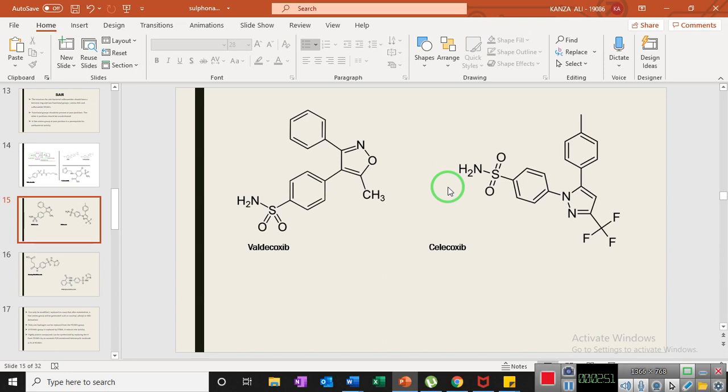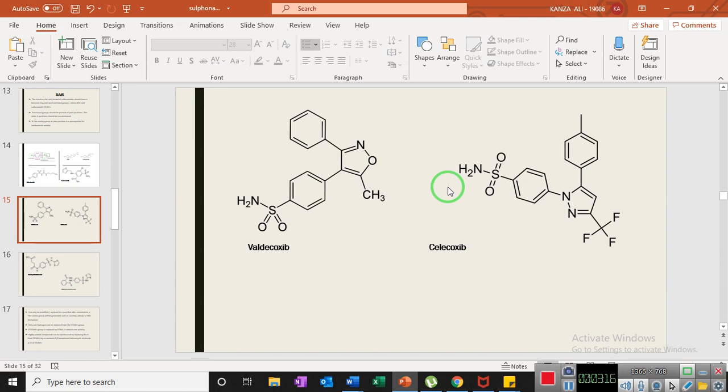One more thing, when we have got structurally different compounds, we can also observe that the mode of action is going to be changed.